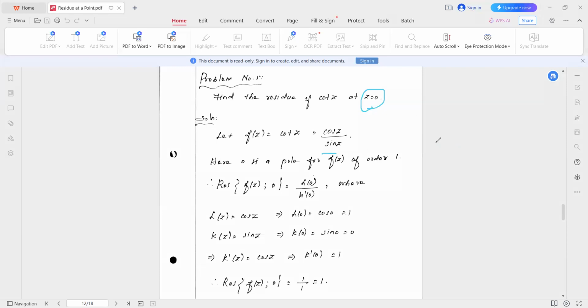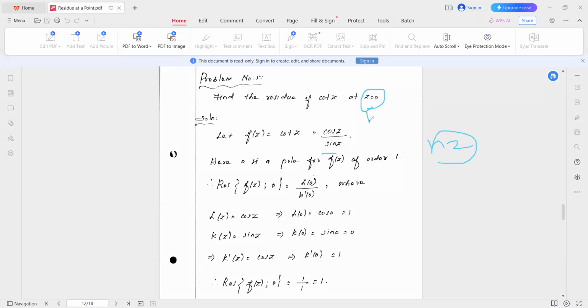All n pi are poles for f of z, because when n equal to 1, sin pi is 0. When n equal to 2, in general, sin n pi is equal to 0. So all n pi are the poles for the function.